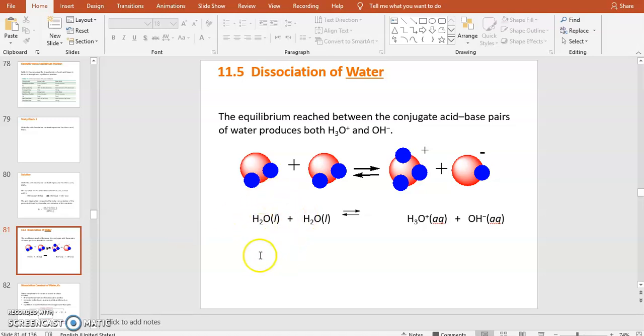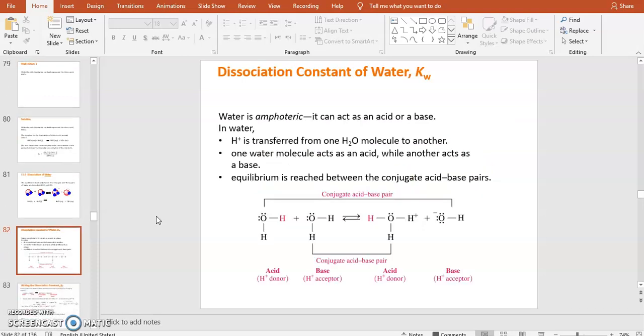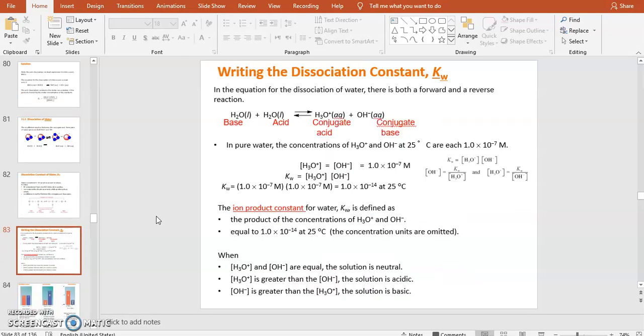For the water, it's the same thing. We will consider one molecule as an acid, the other molecule as a base, and then we do the ionization, and then you will get this. And to calculate it, you will find that the hydronium ion concentration is equal to the concentration of the hydroxide ion, equal to 1 times 10 to the power of minus 7. Sorry, and this is at a temperature of 25 Celsius.